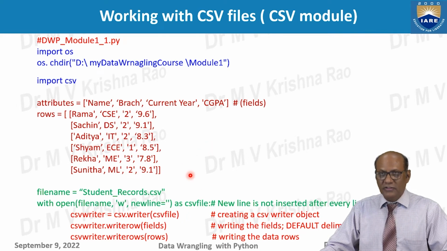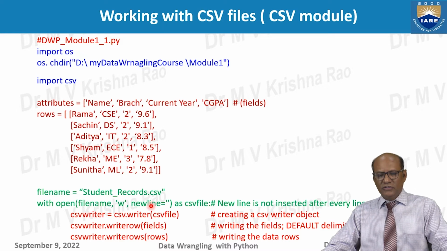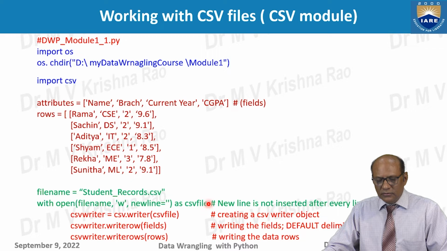That happens only on Windows, and to suppress it, when you are working with Python on Windows, you have to put newline equal to this empty string. This option you have to put. Then in write mode, you have opened the file as a CSV file. This is all syntax, and the colon.